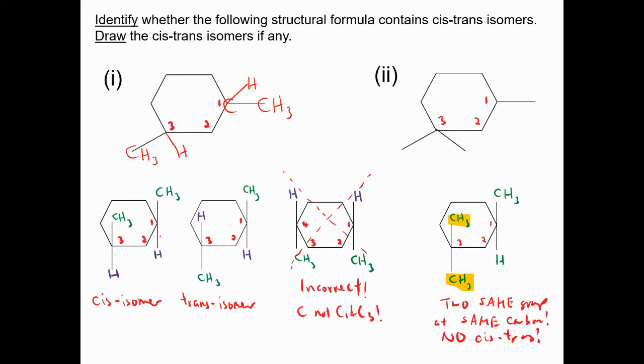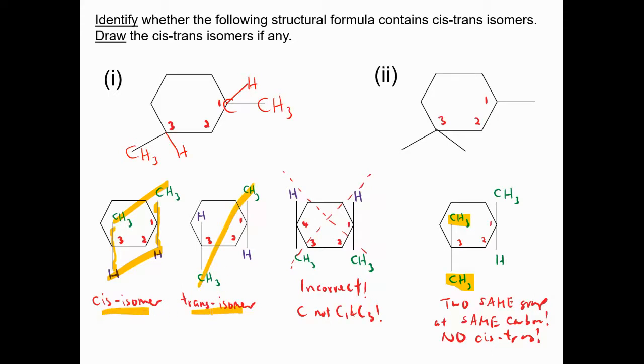Then, to find out whether there is cis-trans or not, straighten the line. Straighten it, and then you will find that there are cis and trans isomers.